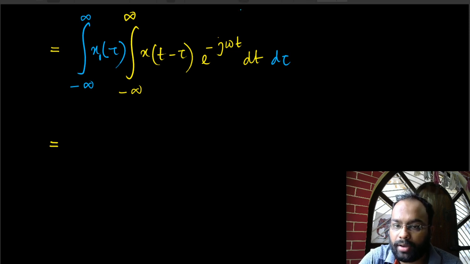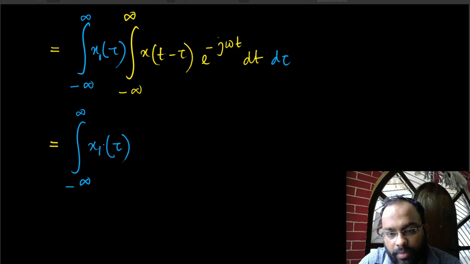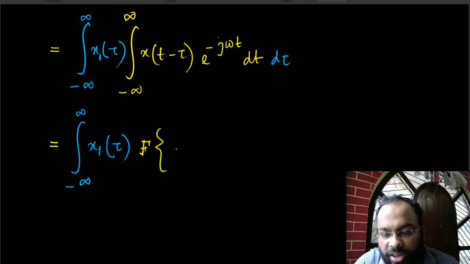Again, I'm using different inks to denote the separate things here. So what is the thing that I represented using yellow ink? That's nothing but the Fourier transform of x2 t minus tau.